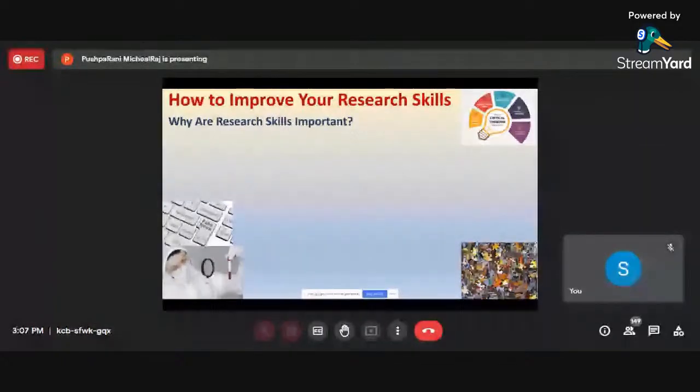So you decide which is best, what kind of method you adapt, how you will apply that method to address your basic question. So these are all the research skills.